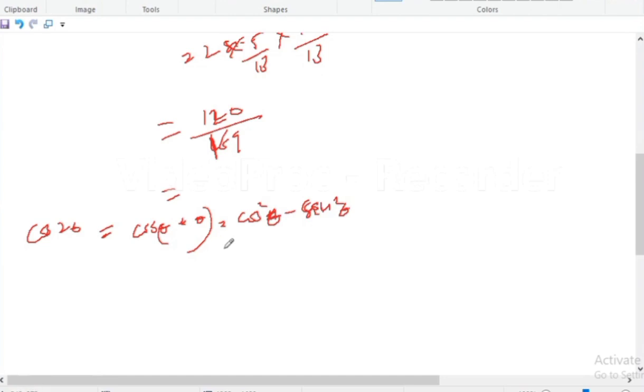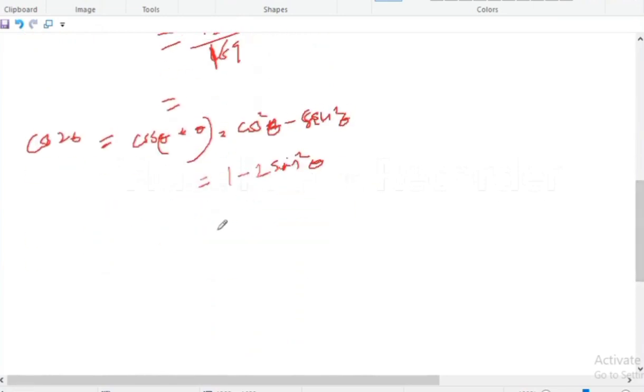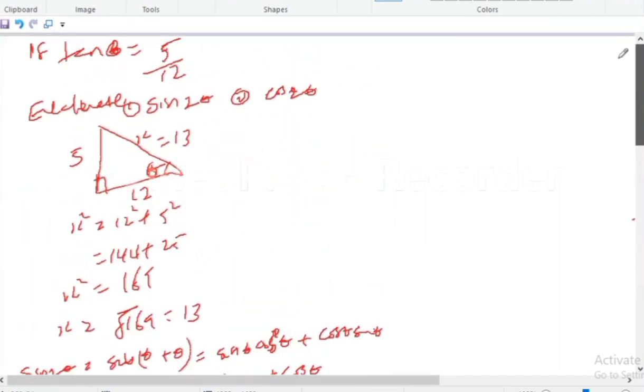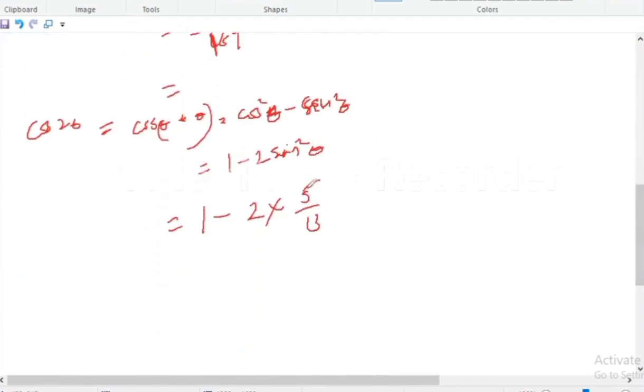So you can substitute directly like that, or you can have it like this: 1 minus 2 sine square theta. As we have derived it, you can simply have 1 minus 2 times sine square theta. What is sine square theta? Is opposite over hypotenuse. So you will have 5 over 13 squared. So your answer will be 1 minus 2 times 25 over 169.